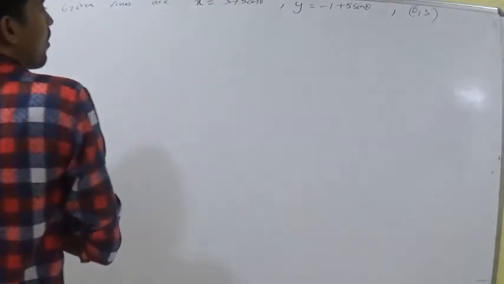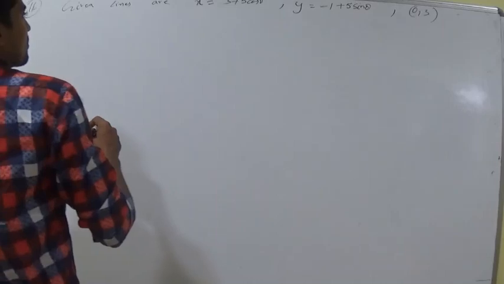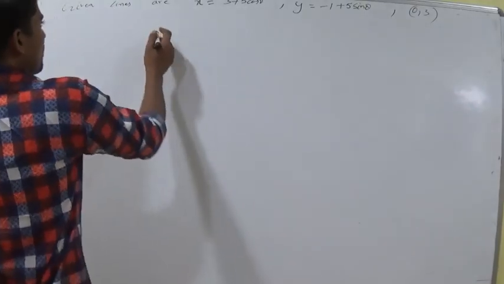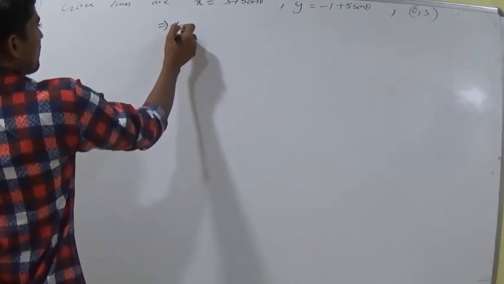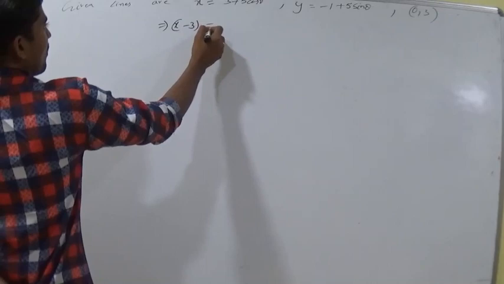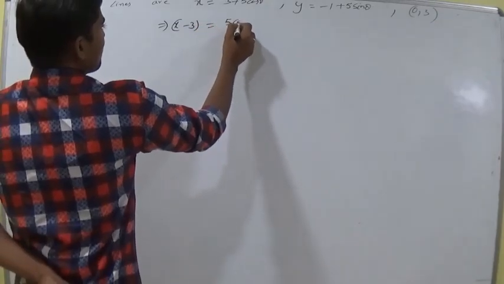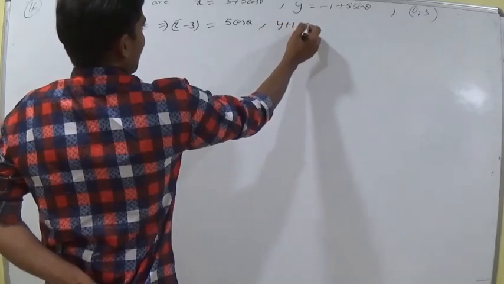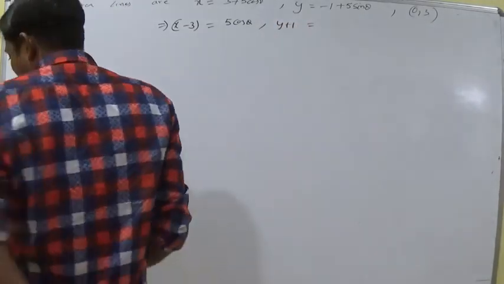Now, same process, which can be written as x minus 3 equal to 5 cos theta, comma y plus 1 equal to 5 sin theta.